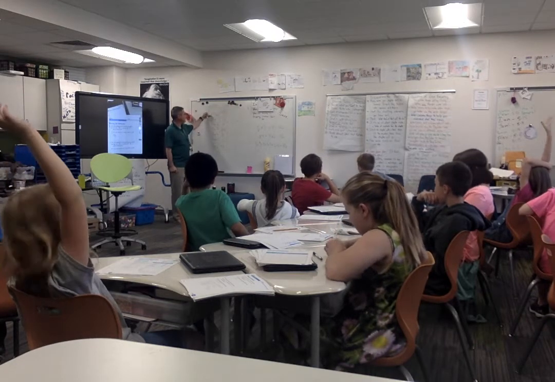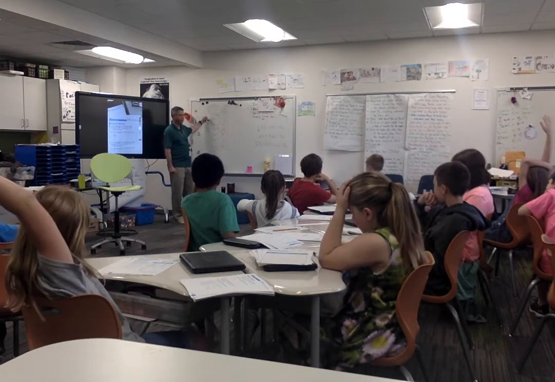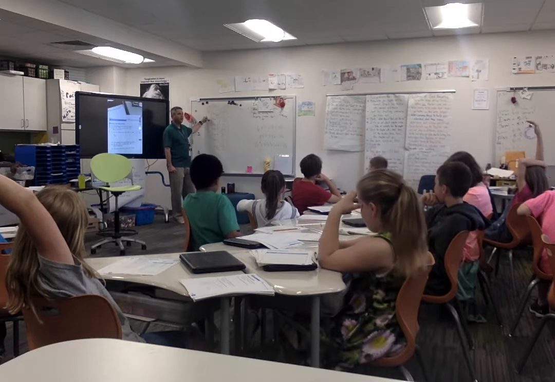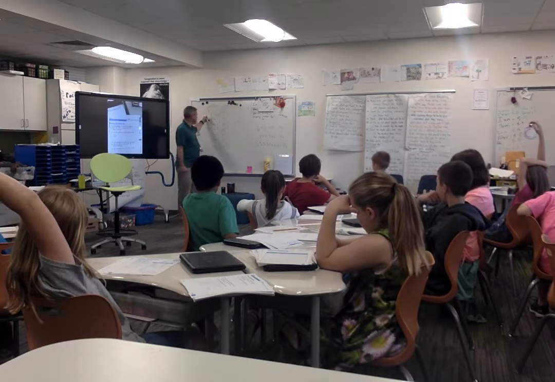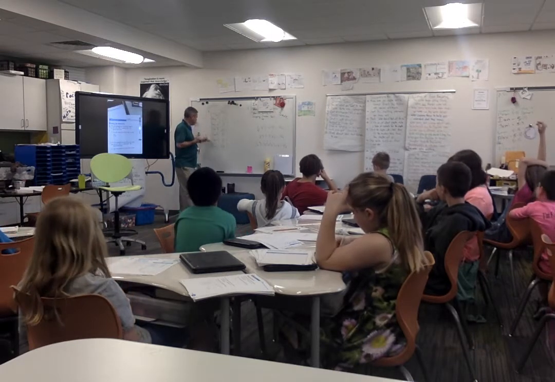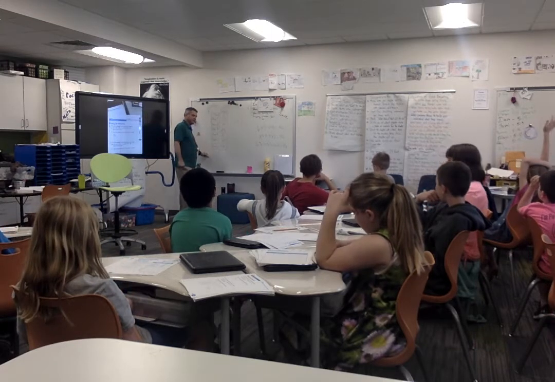So that means 7 plus 7 equals 13. 7 plus 6. Okay, so we've added 1, 2, 3, 4, 5, 6, 7. We didn't add 7 days.